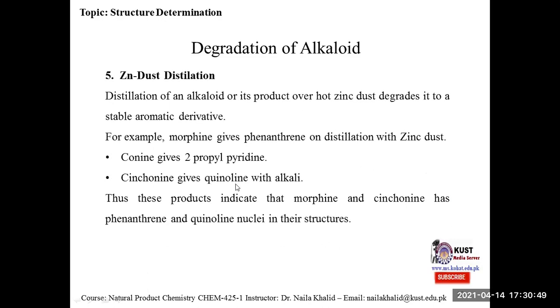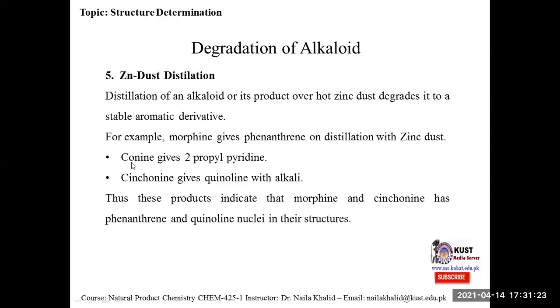The fifth method of degradation is zinc dust distillation. Distillation of an alkaloid in the presence of hot zinc dust takes place, and it gives you stable aromatic derivatives which are identifiable products.